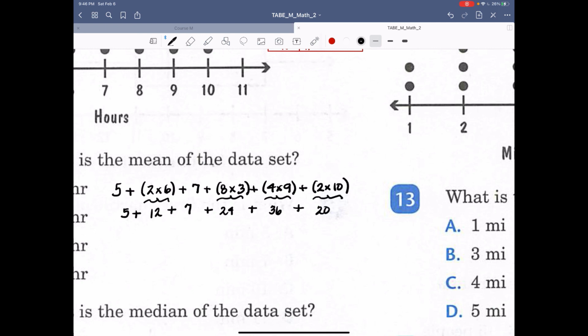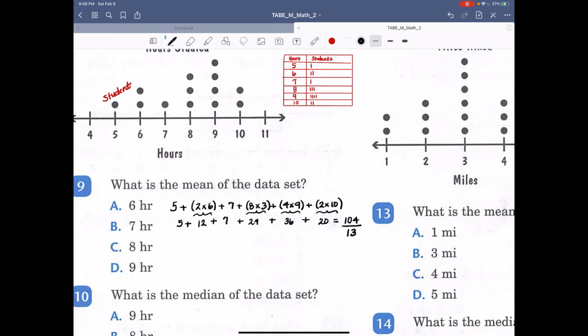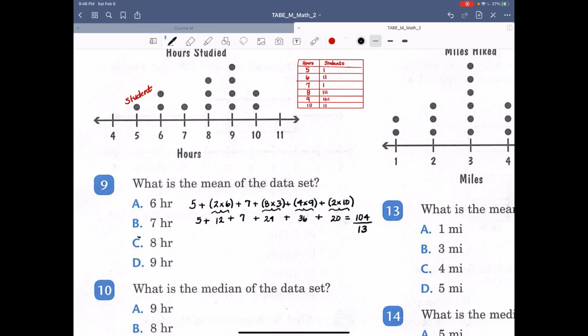And I came up with 104. Let me check. Yes, that is correct. So all of that equals 104. And we divide that by 13 because we asked 13 students. And the mean is going to be 8.